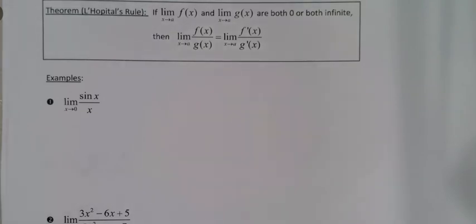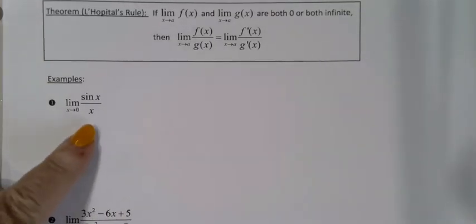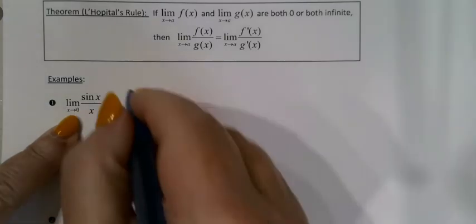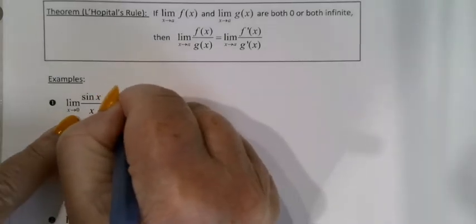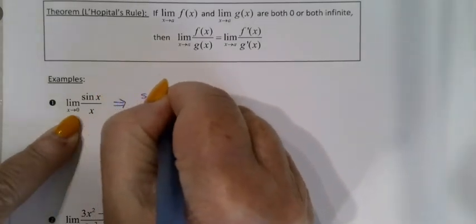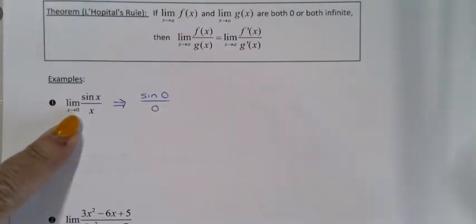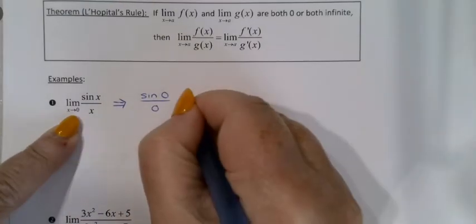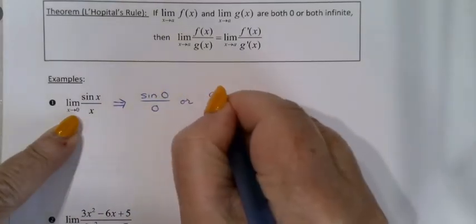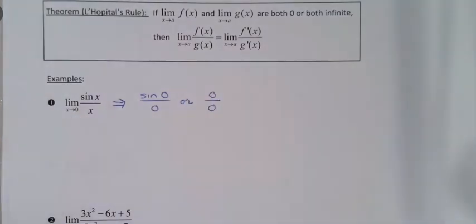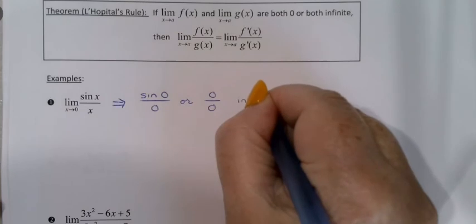Let's take a look at this through the lens of L'Hopital's rule. Right now, if I were to plug in 0, this would look like sine of 0 divided by 0. Since sine of 0 is 0, this is a 0 over 0 form, an indeterminate form.